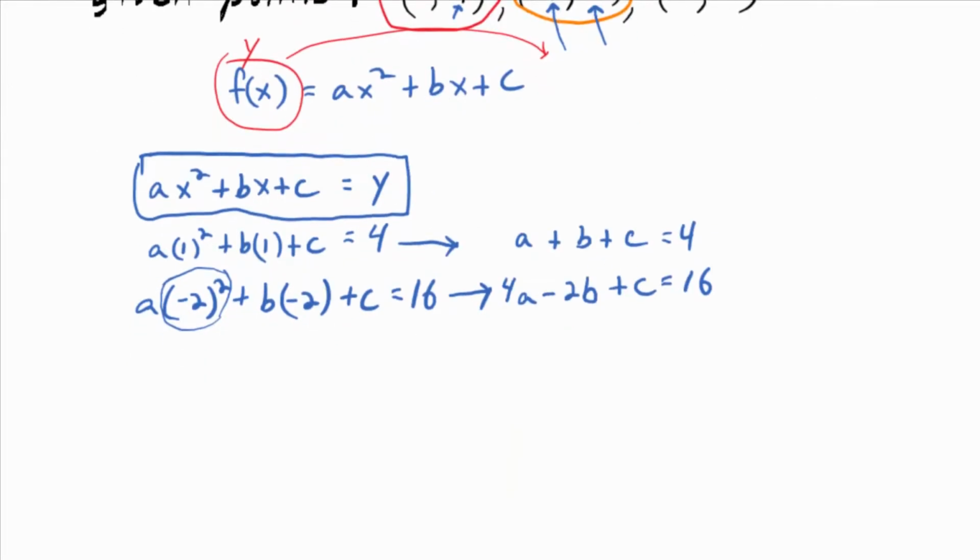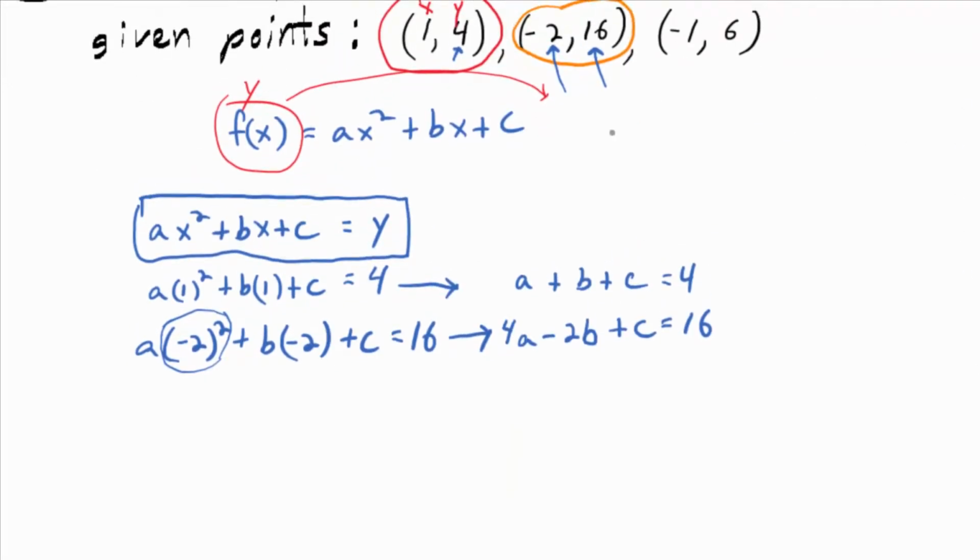And then plug in the third point, negative 1 for x, 6 for y. What do you get? Well, a times negative 1 squared, that'll just be 1, won't it? So a times 1 plus b times negative 1 plus c equals what?